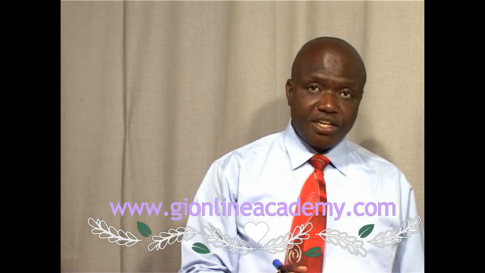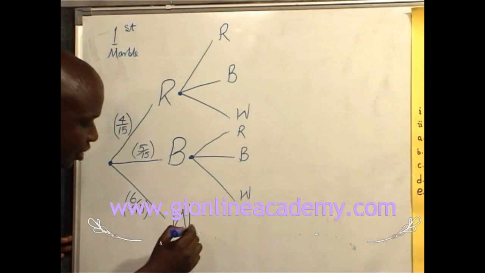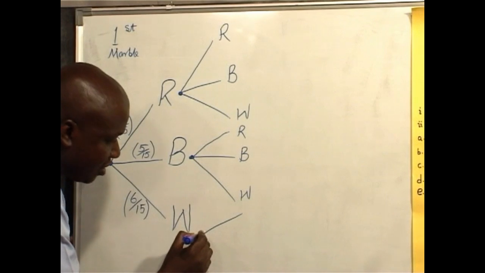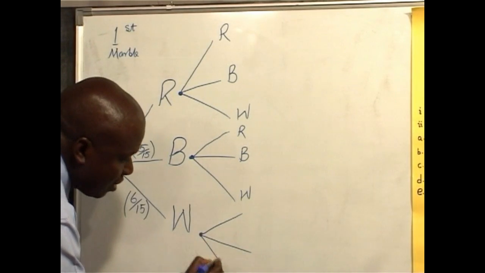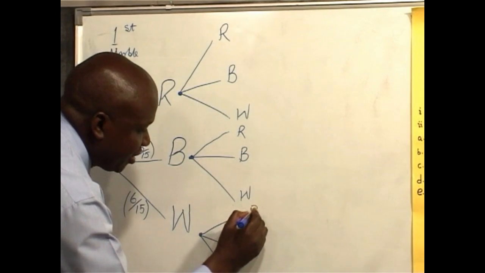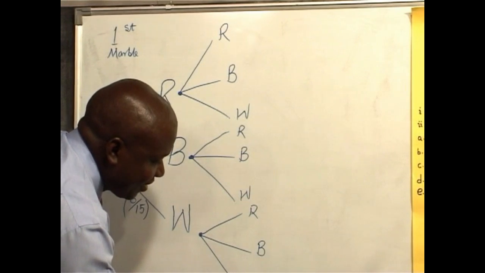And we also have a possibility that the first one could have actually been white. If it is white, there will be need for us to pick the second one, which will either be red, black, or white. So we indicate the outcomes accordingly.